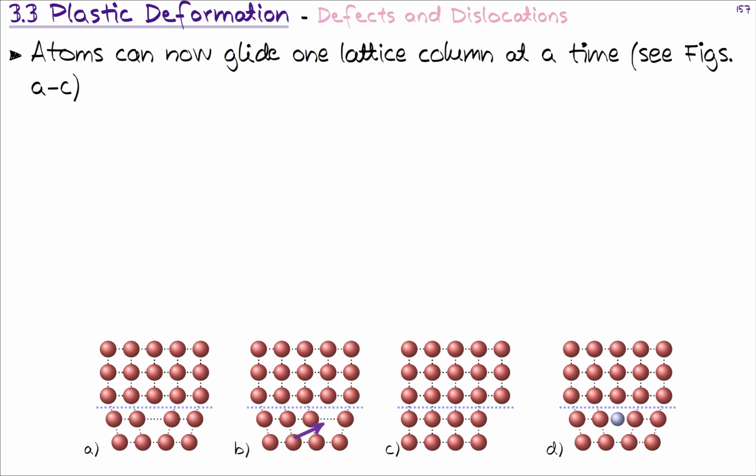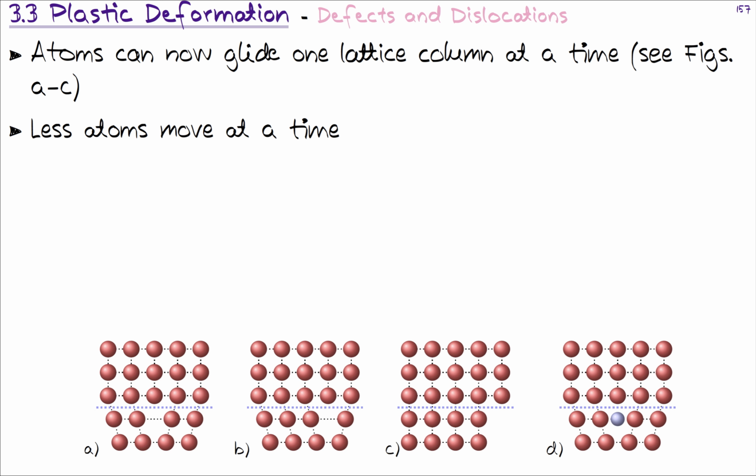And the important thing is that instead of all the planes moving at the same time in the macroscopic material, this shearing, this deformation can happen one atomic column at a time, or a smaller number of atoms at a time.